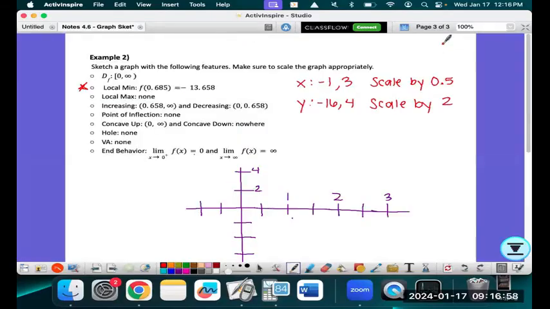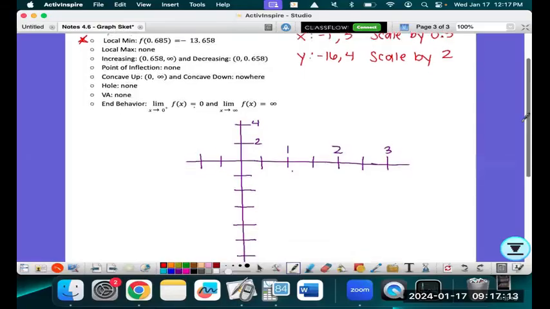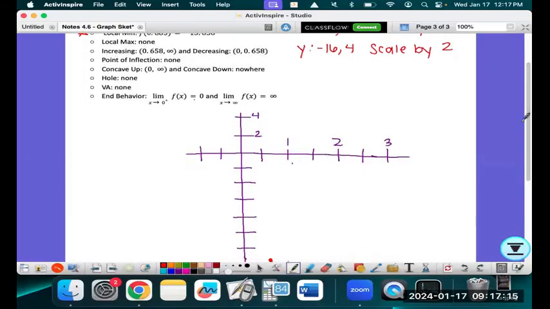All right, so now let's see. No vertical asymptotes, no holes. So I'm not breaking up my graph at all here. Let's do the end behavior then. So we have nothing going to the left of 0 because our domain goes from 0 to infinity. So as I get close to 0 from the right, my function approaches 0.